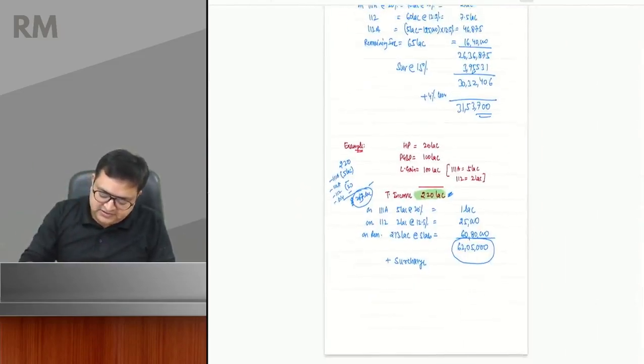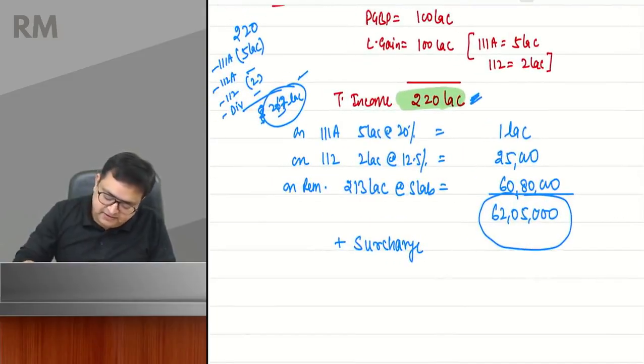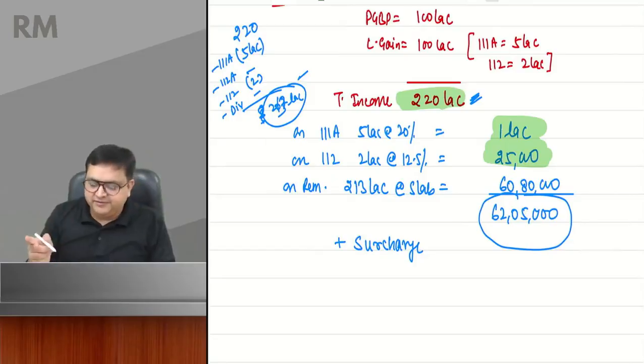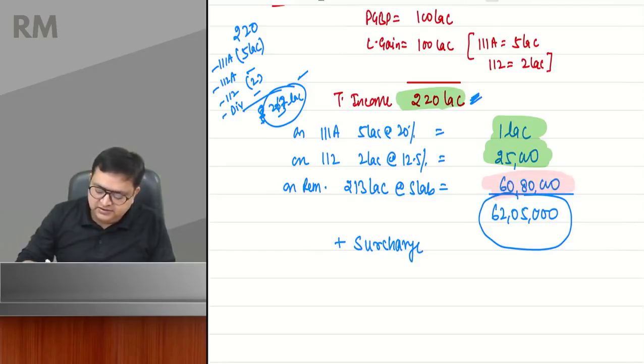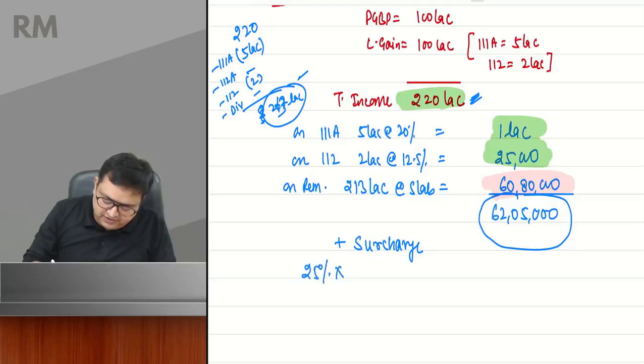So how much is the surcharge here? See, on these two taxes, it would be 15%. And on this one, correct, Aditya, 60, 80, 25%. Surcharge would be in two parts: 25% on 60 lakh 80,000 and 15% on 1 lakh 25,000.